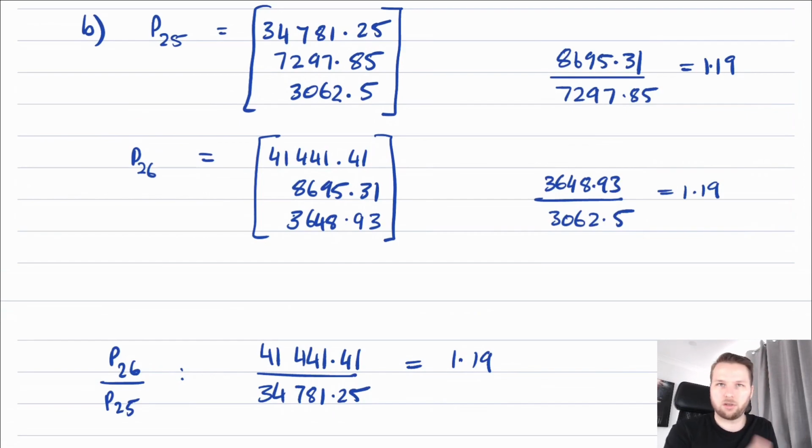So after a certain stage, the population is increasing by about 19% each time period, which makes it a lot easier to calculate in the later time periods, because you can just times the total population by 1.19 and you'll get each successive time period.